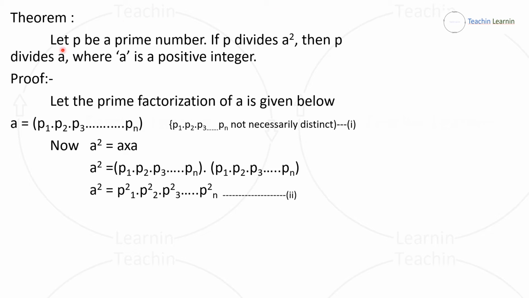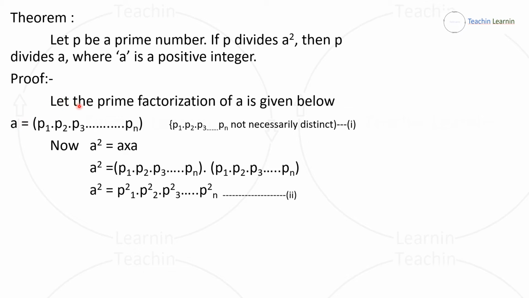Let's try to understand today's topic of discussion, the theorem. The theorem says let P be a prime number. If P divides A square, then P divides A, where A is a positive integer. Let us prove it.